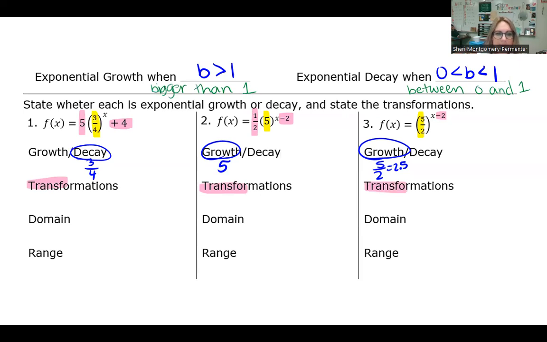For this one, the 5 stretches me. It's a stretch by 5. And what does the 4 tell me? Up 4, very good.